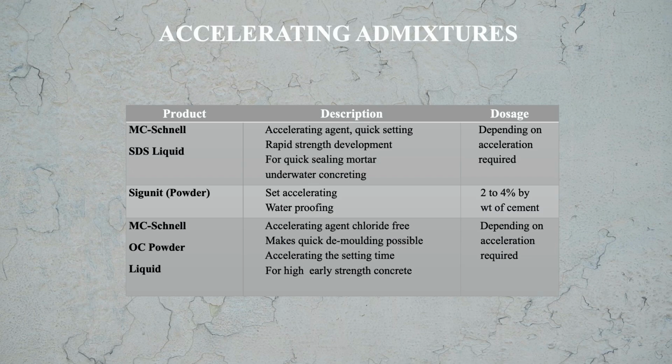Then let us see what accelerating admixtures are available in the market. Sigunit powder is available, and its dosage which we use is generally 2 to 4% by weight of cement. Another accelerating admixture is MC Snell SDS liquid.